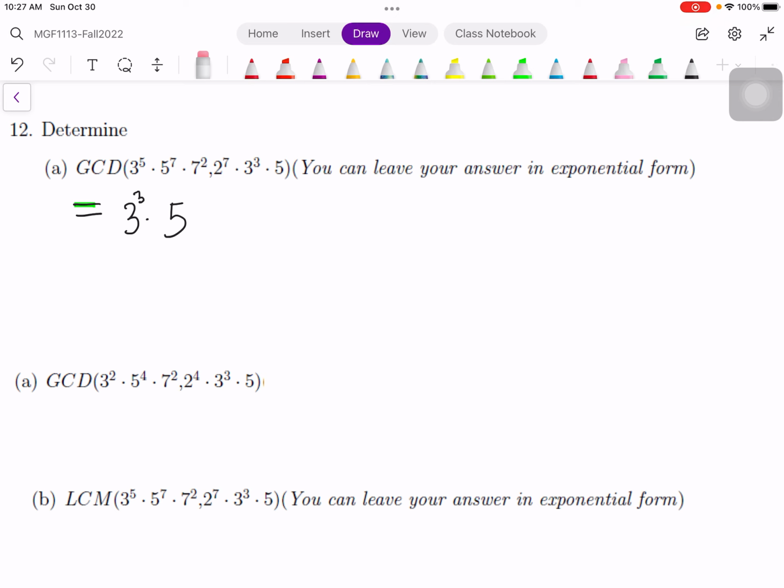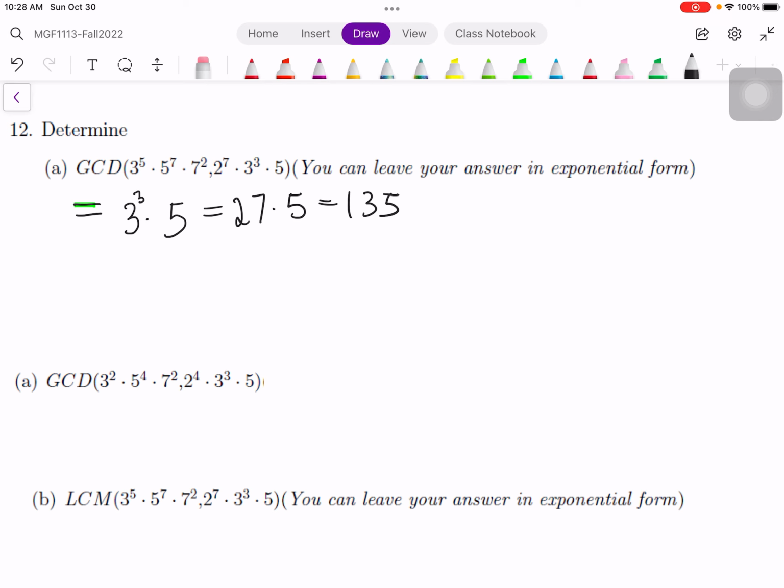So 3 needs to go with the power 3, not power 5. And 5 goes as 5, so 5 to the power 1, not 5 to the power 7. Because this now divides both numbers, right? Because it's a factor for both numbers, and it's the greatest common factor. So of course this one, let's say we can multiply, it's 27 times 5, so 135.